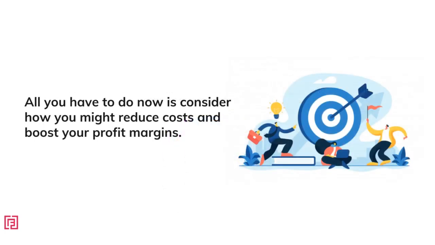All you have to do now is consider how you might reduce costs and boost your profit margins. You are familiar with your product and customer, and you are capable of coming up with the most innovative ideas. Perhaps you do need to manufacture that overly crammed product version in order to boost your profit margins.